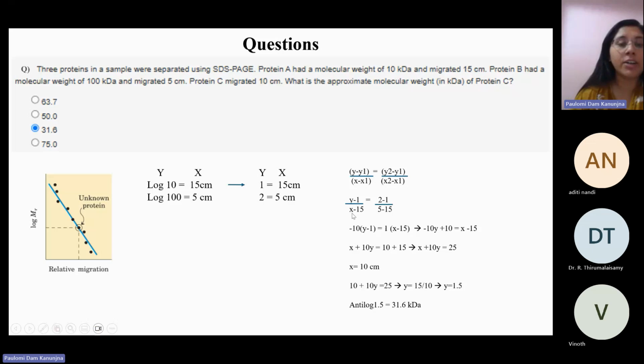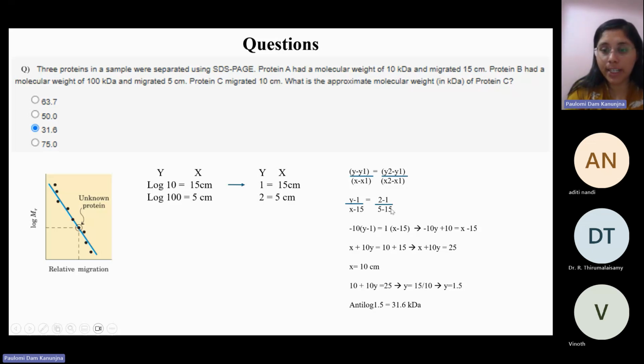Y and x are our unknown for the unknown protein. But y1 and y2 we know. We can consider any of these as point 1 and any of these as point 2. Let's consider this set as y1, x1, so 1 and 15. Point 2 as the other set, 2 and 5. Then it's basically just opening the equation.